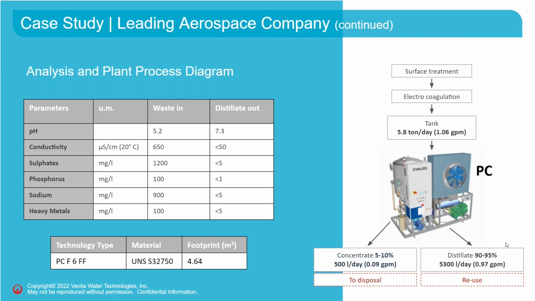And typically most plants use that distillate to feed back to the front end of the process. It can be used as makeup back to the plating bath, or depending on the quality requirements, it could go back to the front end of a treatment scheme, prior to RO or prior to DI tanks for reuse. The concentrate is then collected, and this isn't required to be ZLD, so they're just shrinking it down as far as possible and then hauling that off-site.